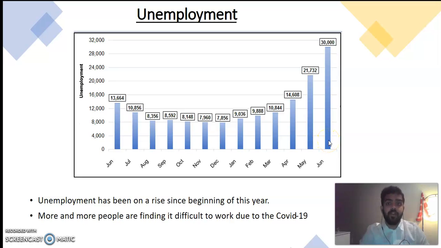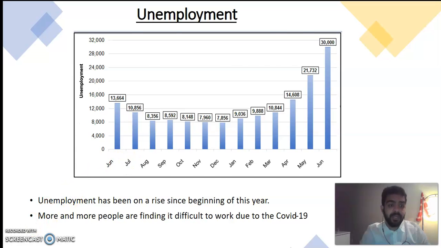Here, unemployment is also reflected among new students and new migrants immigrating to Canada, who have been solely relying on menial jobs for their survival. Due to travel restrictions, sanitary conditions, and workplace conditions, more and more people have been finding it difficult to work, to travel, and to relocate due to COVID-19, which has further given rise to the unemployment rates.